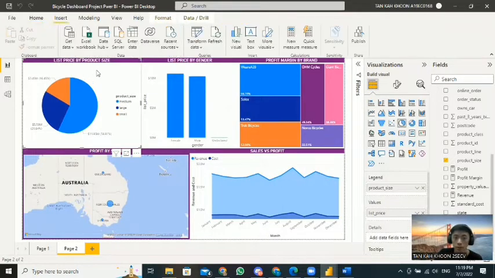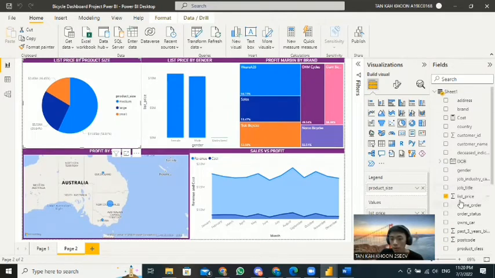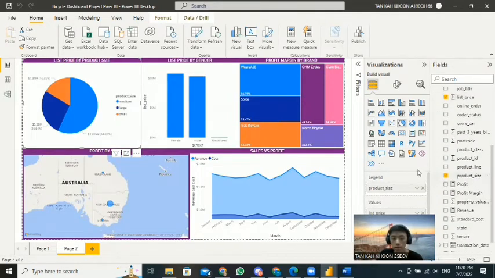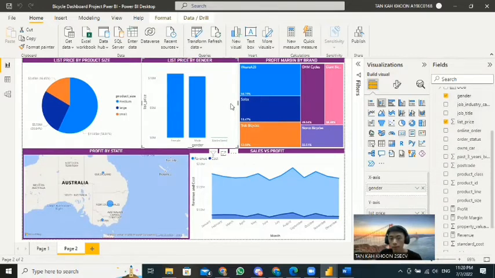First we'll see the list price by the product size. You can see that the medium product size has the biggest proportion of this pie chart, and the lowest is the small product size. It uses the list price and the product size as the domains. Second is the list price by gender, which uses gender and list price as the domains.